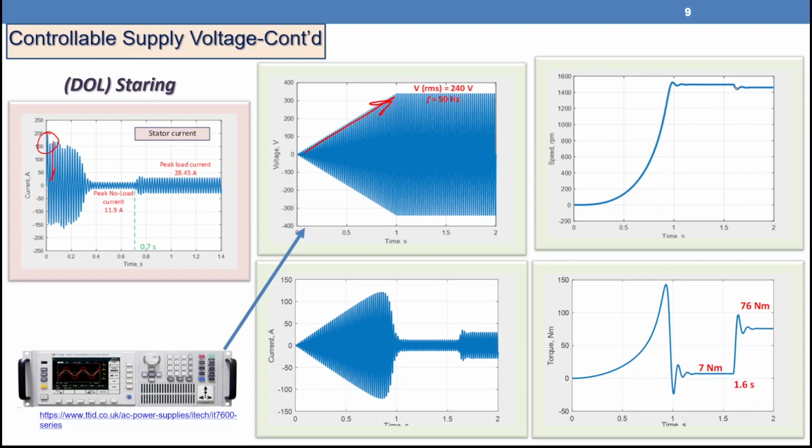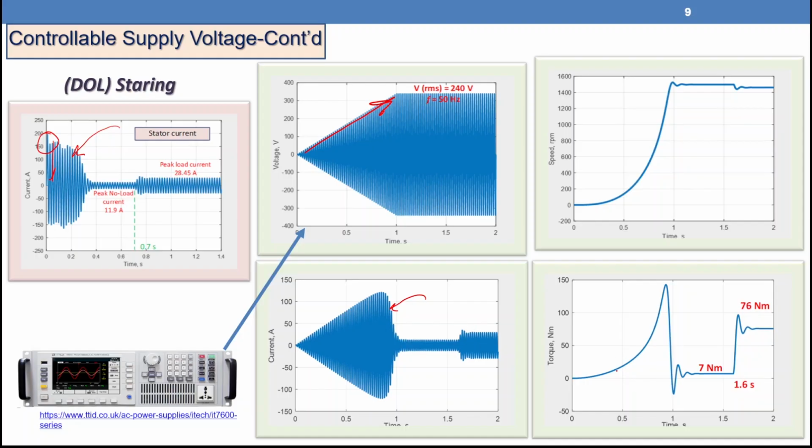Then I'm going to load my machine here. If we look at the current, it is going to increase like an envelope, which is opposite to that one. At starting, the current is small and increases gradually to follow the voltage until we reach the steady state speed. So the current reaches the no load current, and then we load the machine by a certain value.